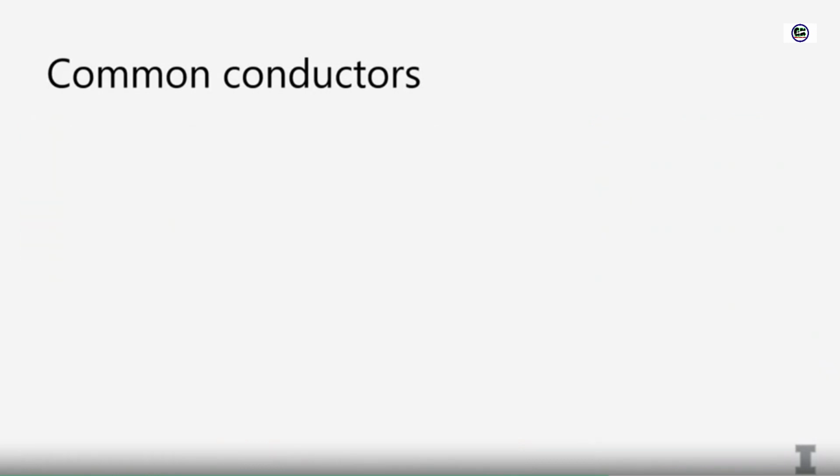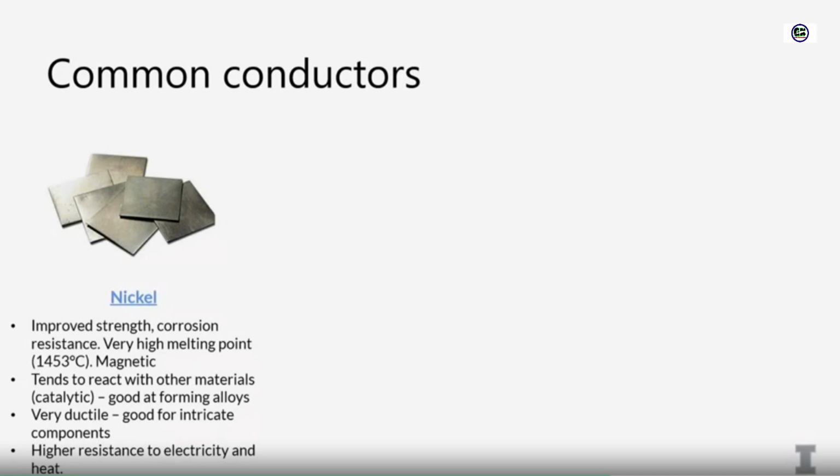Another choice is nickel. Nickel is a metal that's very corrosion resistant. It's very strong, and it has a very high melting point. So if you need a material that's very resistant to heat and is not going to melt, if you're dealing with really hot industrial environments, nickel is a great choice. Unfortunately, nickel likes to interact with other metals, which is good if you're trying to form alloys.